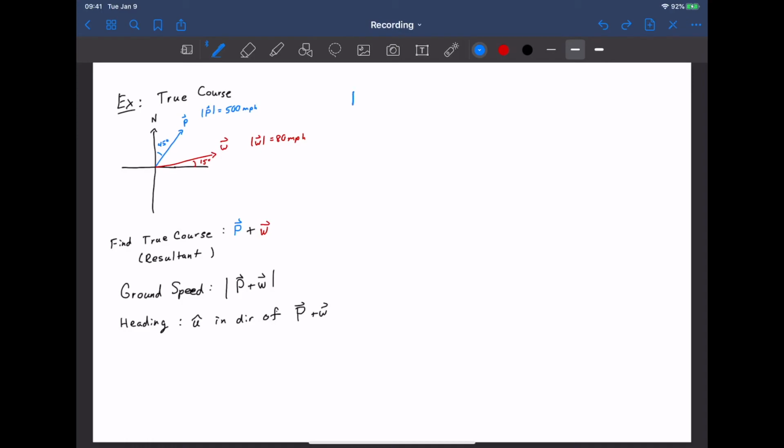So P would be 500. Did you find the right angle here? It should be cosine of 45, because the complementary angle is still 45, in the i hat direction, and sine 45 in the j hat direction.